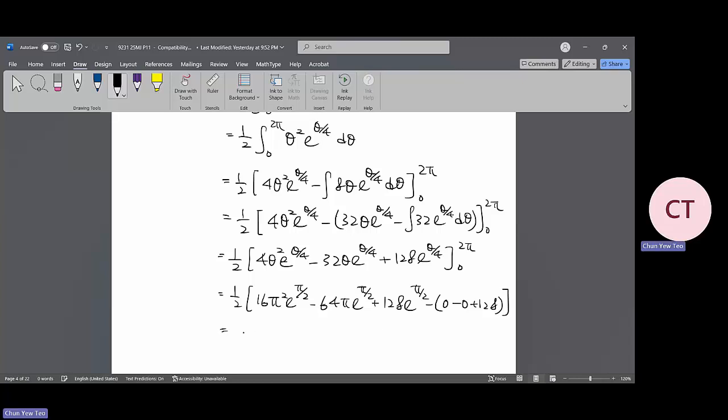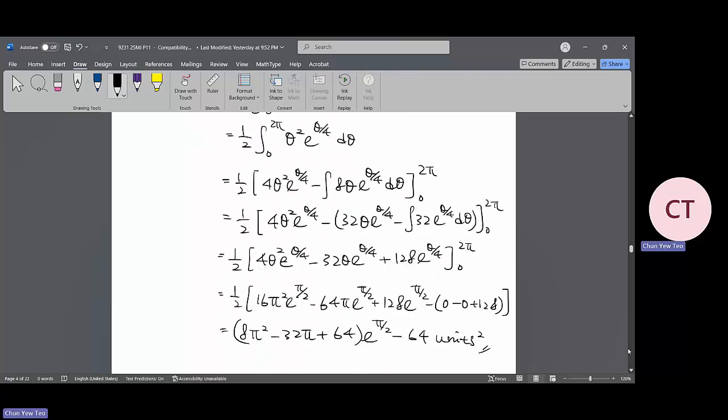Then multiply this inside, you get 8 pi squared minus 32 pi plus 64, e power pi over 2, minus 64 units squared. Done. So this will be the answer for question 5B.